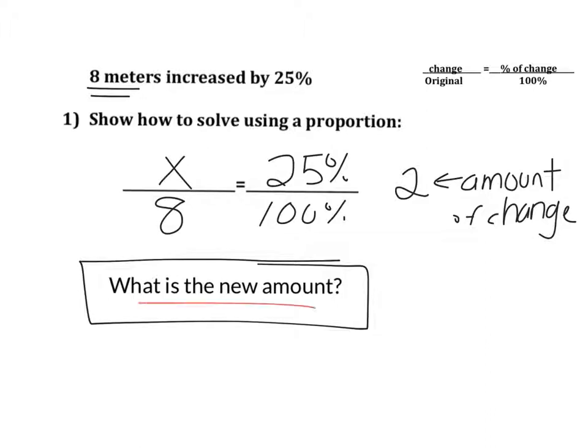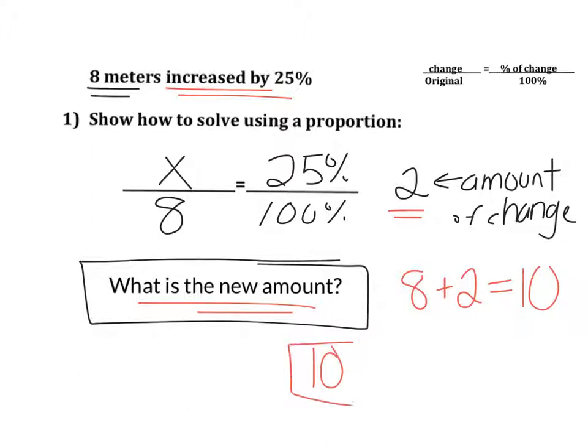It asked, what's the new amount? So if we started at 8 and we increased it by 25%, which is increasing it by 2, then we have to take our original amount and add on the amount that it increased by. So 8 plus 2 will give me 10. Our new amount is 10. So if 8 meters is increased by 25%, that leaves us with an answer of 10.